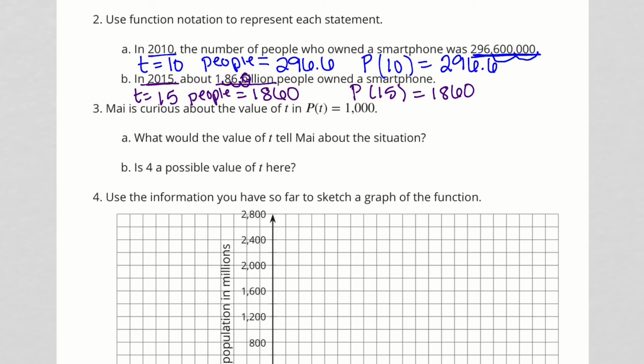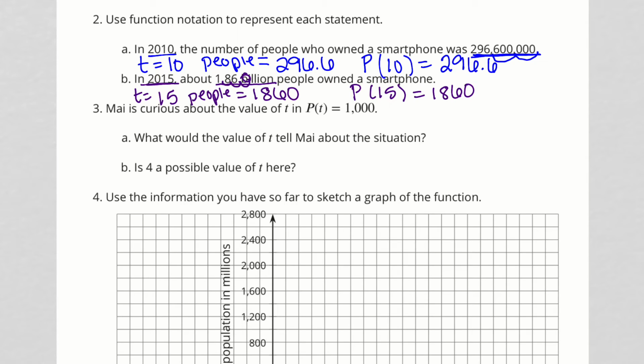Yes, that's exactly correct. P of 15 equals 1,860.